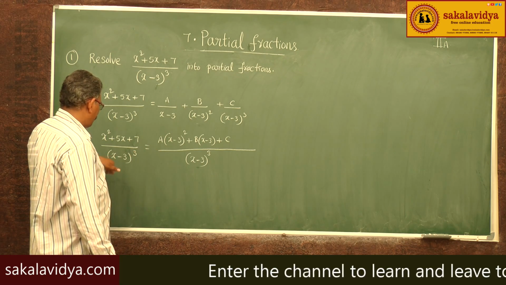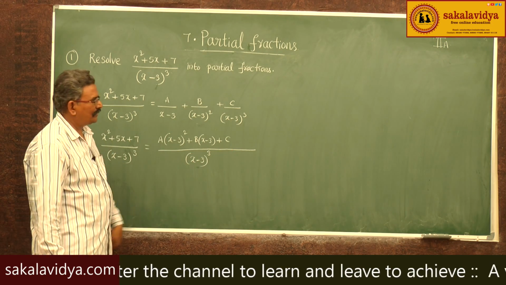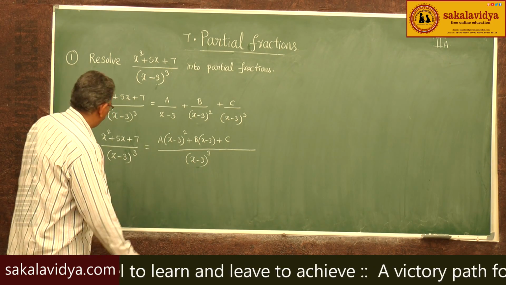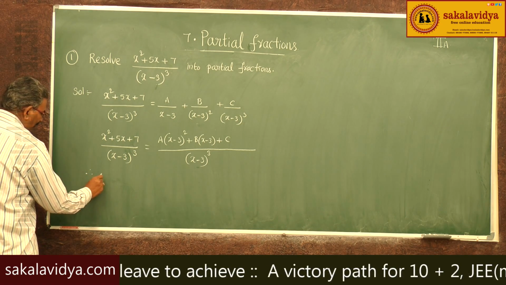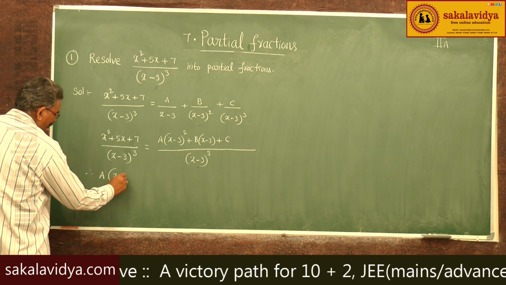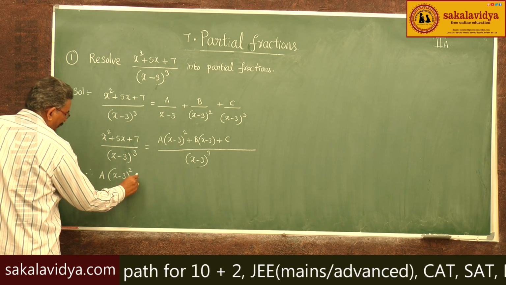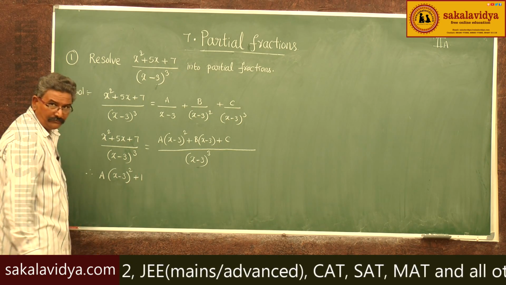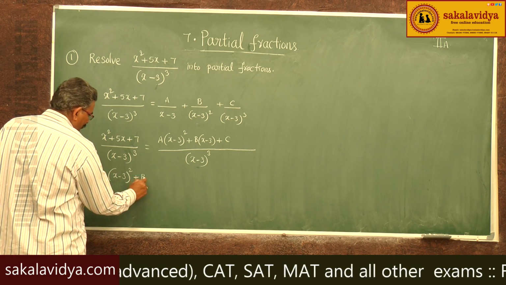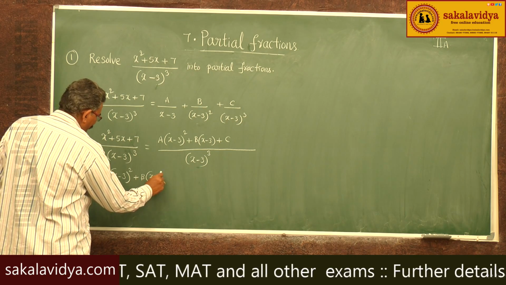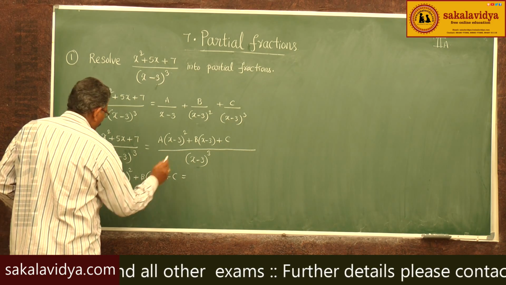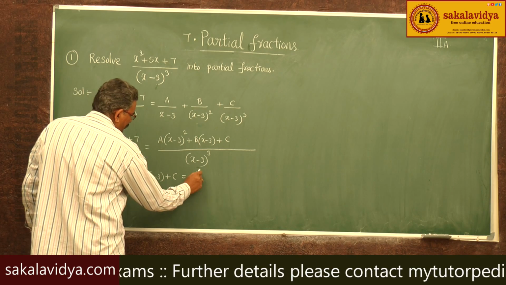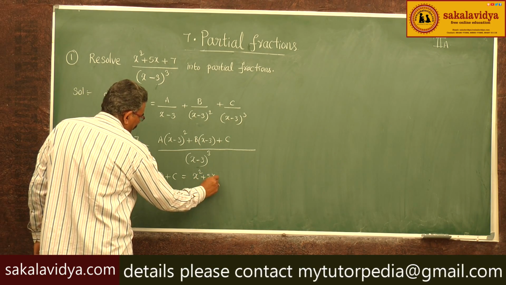Now (x minus 3) whole cube gets cancelled, and we get a into (x minus 3) whole square plus b into (x minus 3) plus c equals x square plus 5x plus 7.